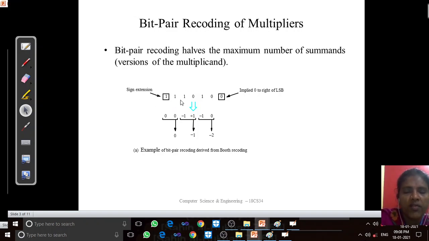Whatever your MSB is, you extend the same bit, because we are trying to group into a pair. Earlier, in the Booth algorithm, you were grouping into pairs of 2 bits. Now you take 3 bits. An intermediate step can also be used, like here 0, 1 and pair it to minus 2. First you can take the Booth algorithm pairs and then pair again. So this is also possible. Let us see an example for this.